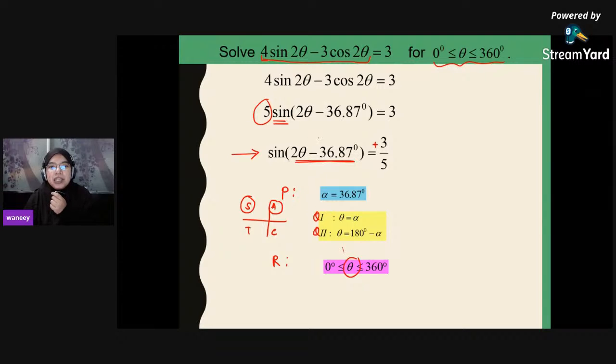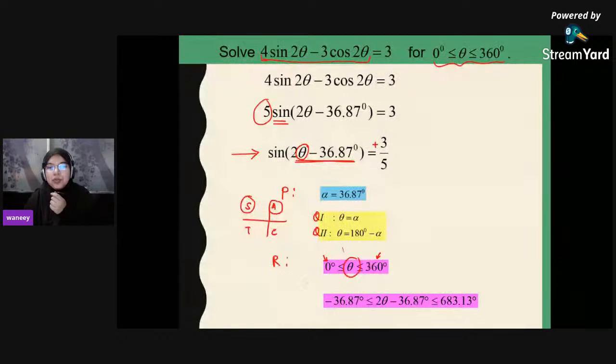Okay, so firstly, I have theta over here, and this is theta. So that means I need to times with 2 on the left hand side and right hand side. So do make sure to times with 2 on the left hand side and right hand side. And then simply deduct or minus with 36.87 on the left hand side and right hand side as well. So that means 2 theta minus 36.87 is somewhere in between.